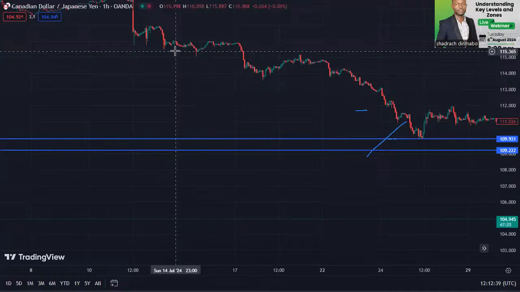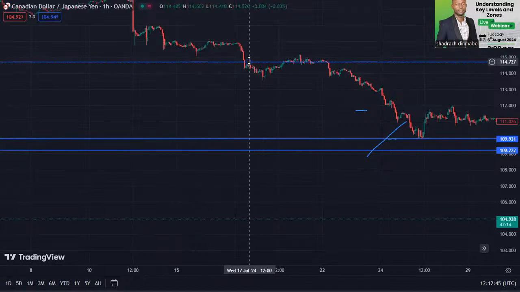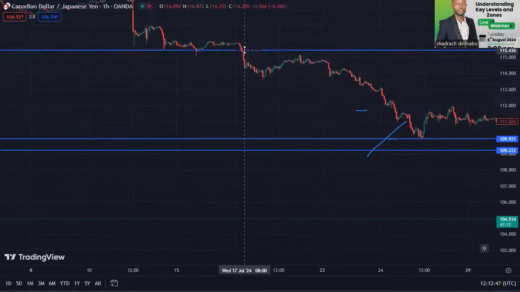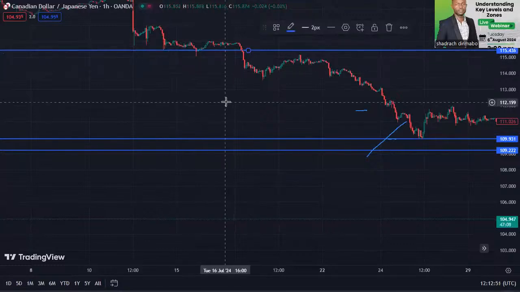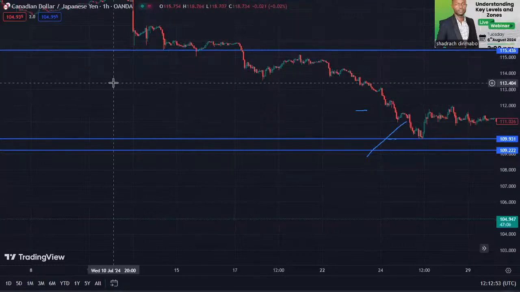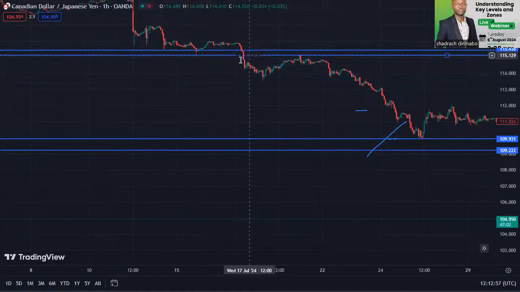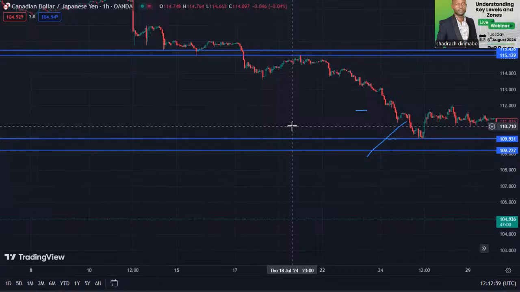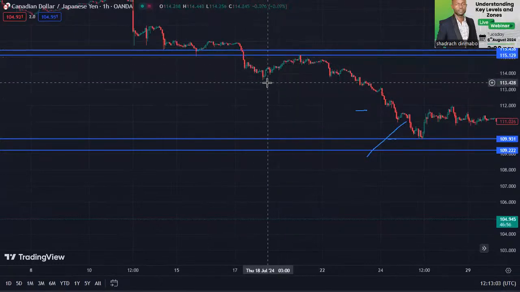Look at this one again. What do we have here? So we have this. That seems to be a good, nice support level. And then what else? We have this other one. That seems to be a good key level. Now, again, if we watch very well, it gives us a trend line confluence.